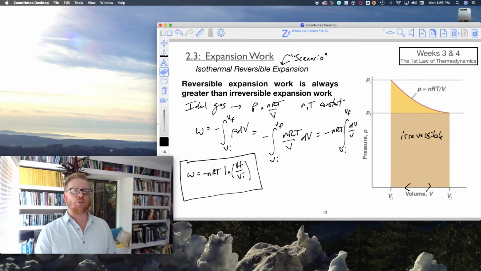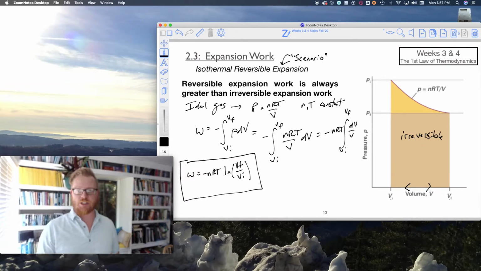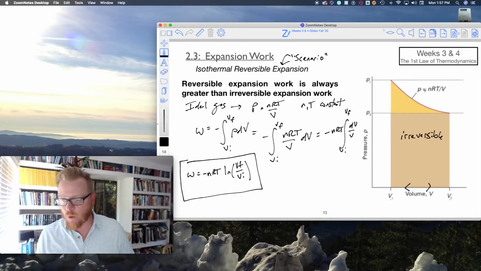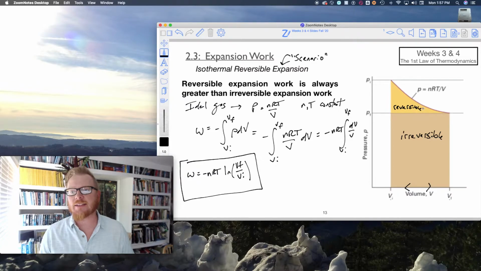Well, what about the reversible work, the reversible expansion? Here's the equation, PV equals nRT, right? P versus V, Boyle's law. It goes like this. And so the reversible work not only contains the area in this yellow part right here, but it also contains the irreversible area as well.